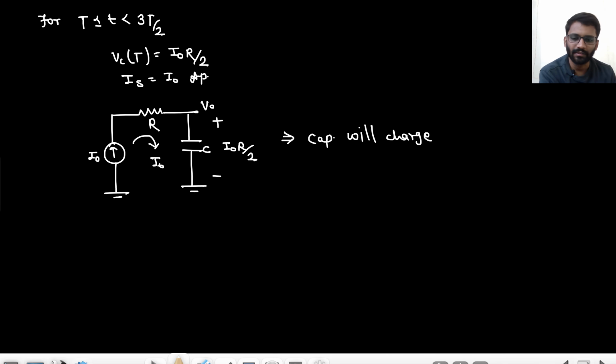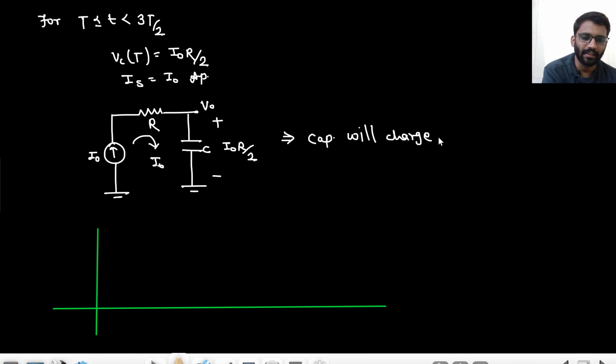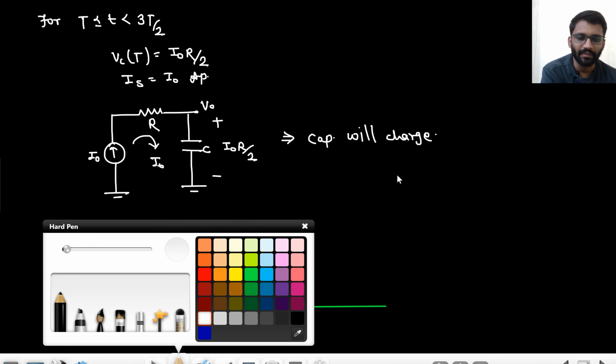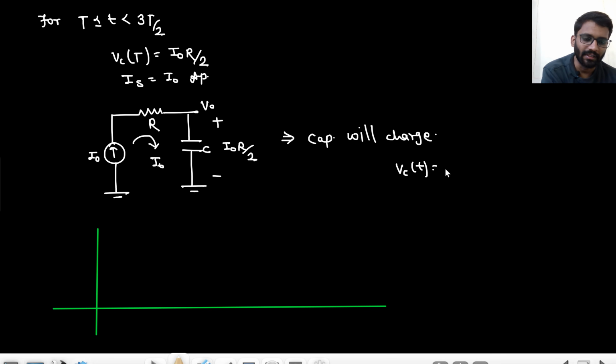Capacitor will charge. So how will it charge? I can write down the equation. Not ICT, VCT. What will be VCT?